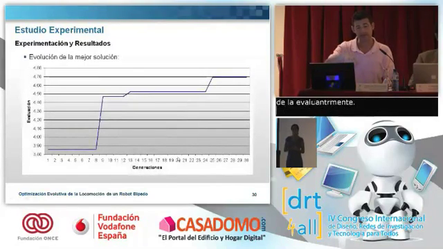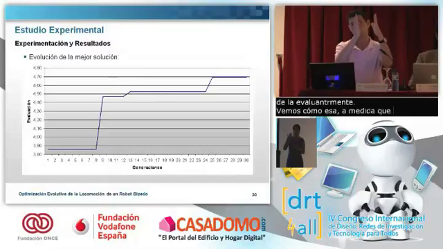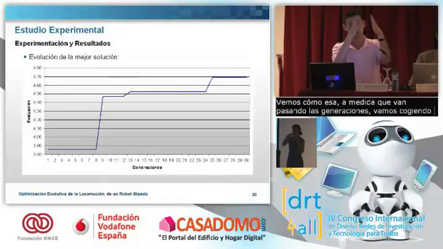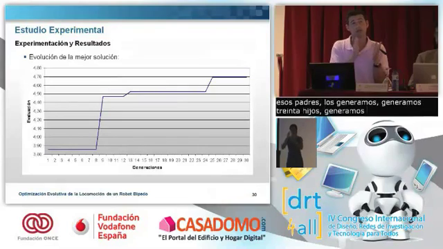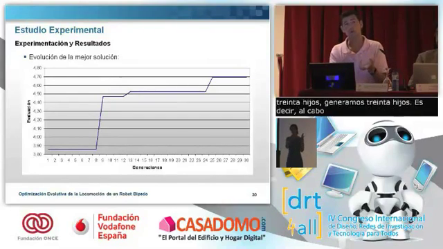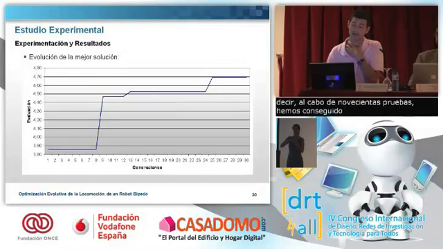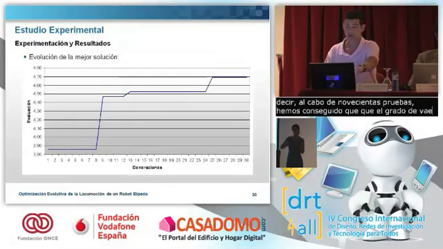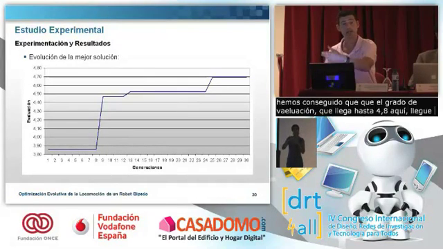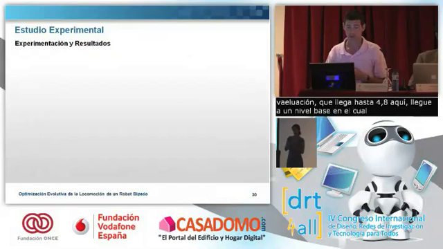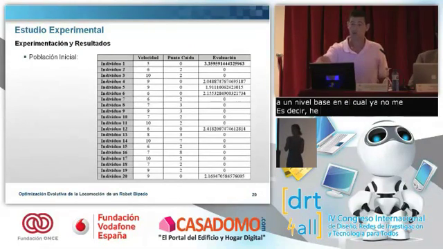And we can see how, as generations go by, we have parents that have 30 offspring, then of those, another 30 offspring. After 900 tests, we managed to reach, with our evaluation assessment, 4.8, a level at which there is no further improvement.